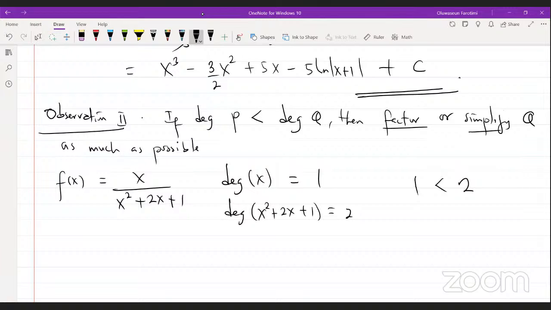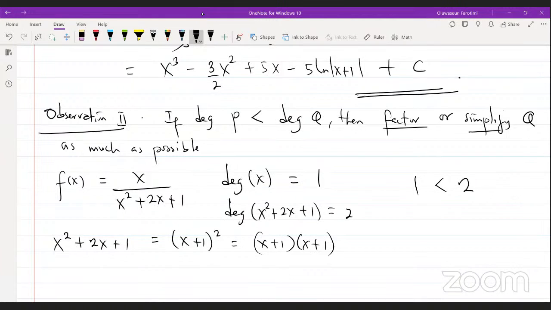And whenever this happens, you need to simplify what you have on the bottom. How can I simplify this, guys? Remember, x squared plus 2x plus 1 is just x plus 1 all squared, which is the same thing as x plus 1 times x plus 1. So you've got to simplify in that manner.